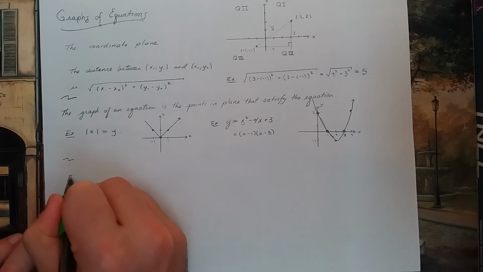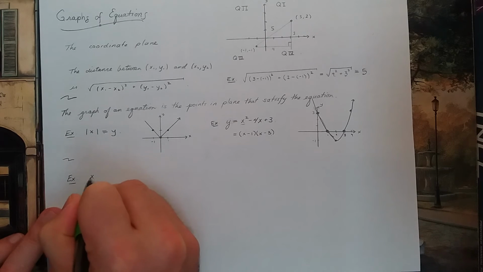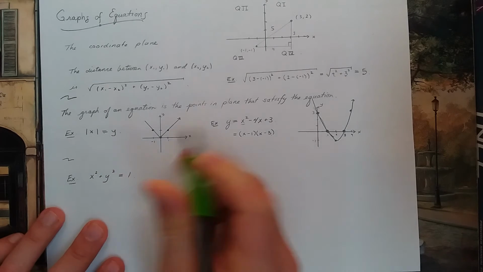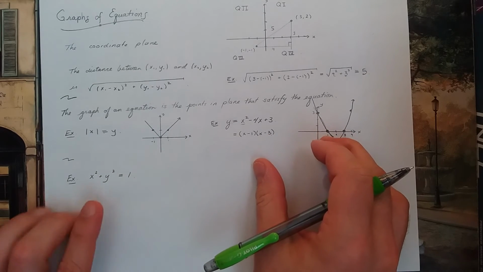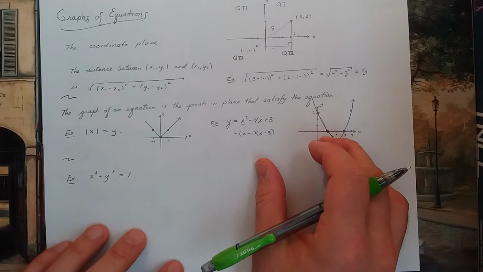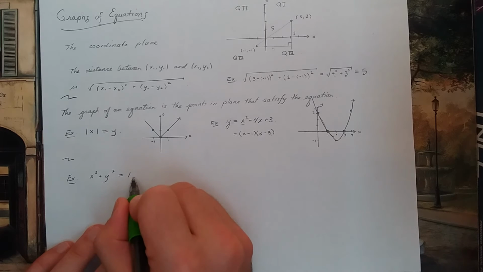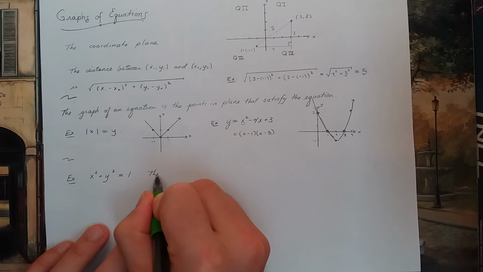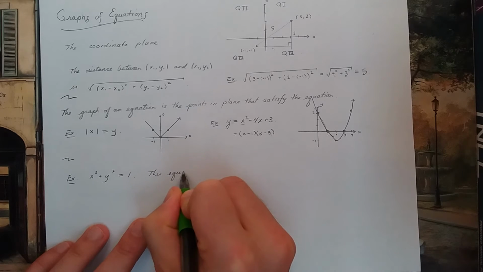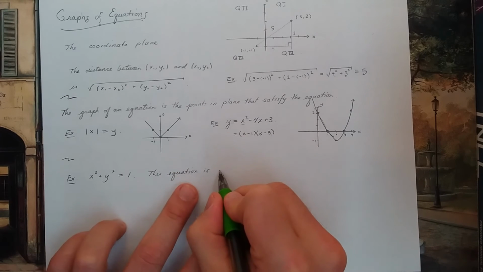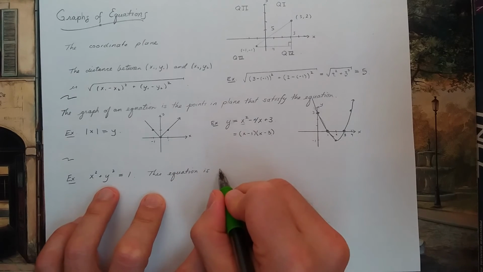So how about this example? What about the equation x squared plus y squared equals 1? This is the graph of a circle, but why is that? You could rewrite this equation by taking the square root on both sides.